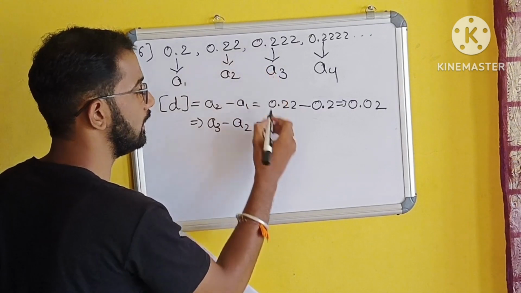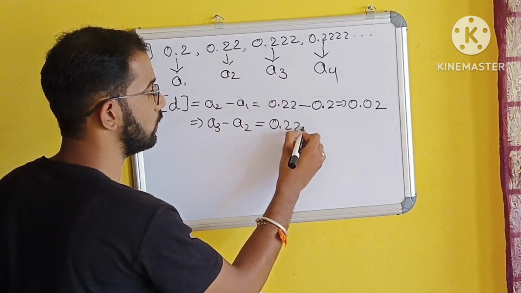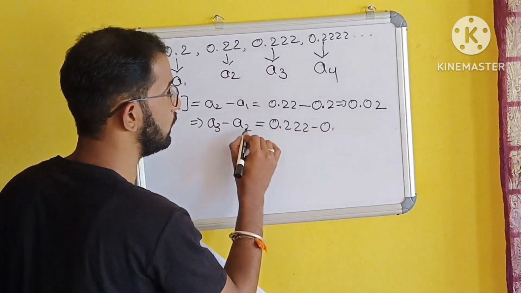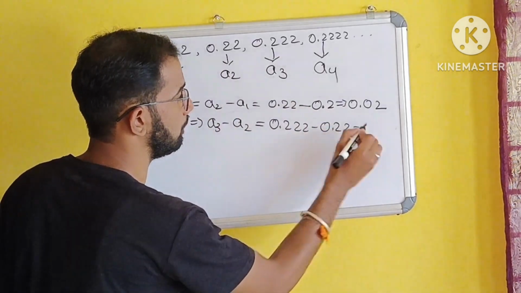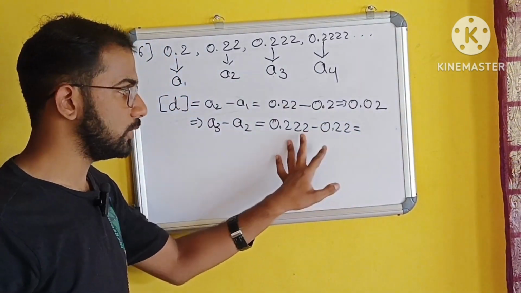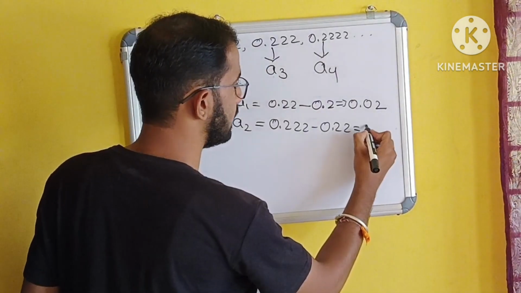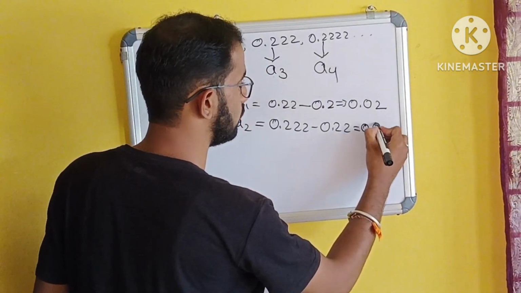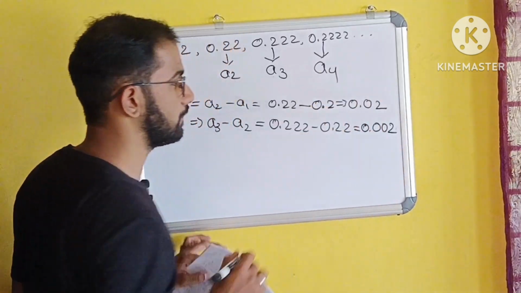Then A3 minus A2. What is A3? 0.222 minus A2, which is 0.22. If you take the difference between these two numbers, the value we are getting is 0.002.